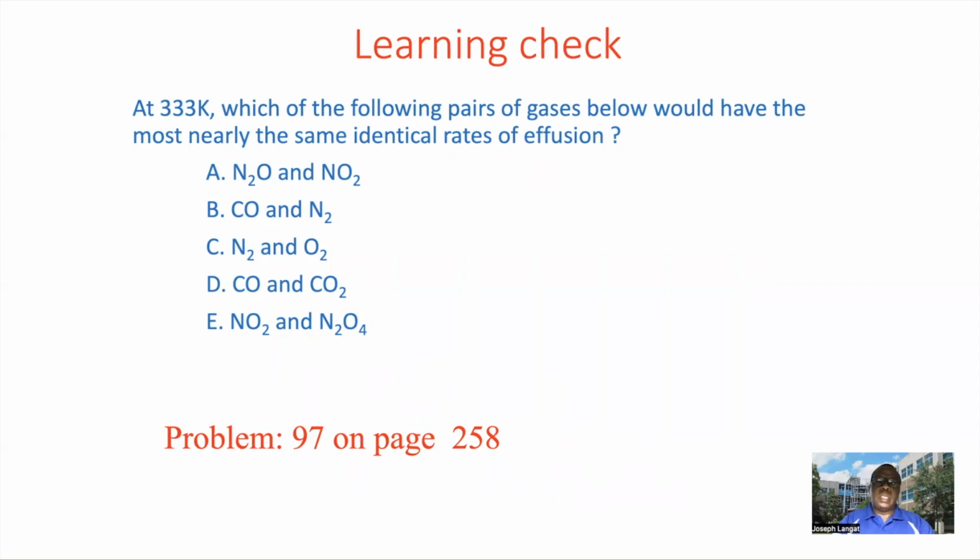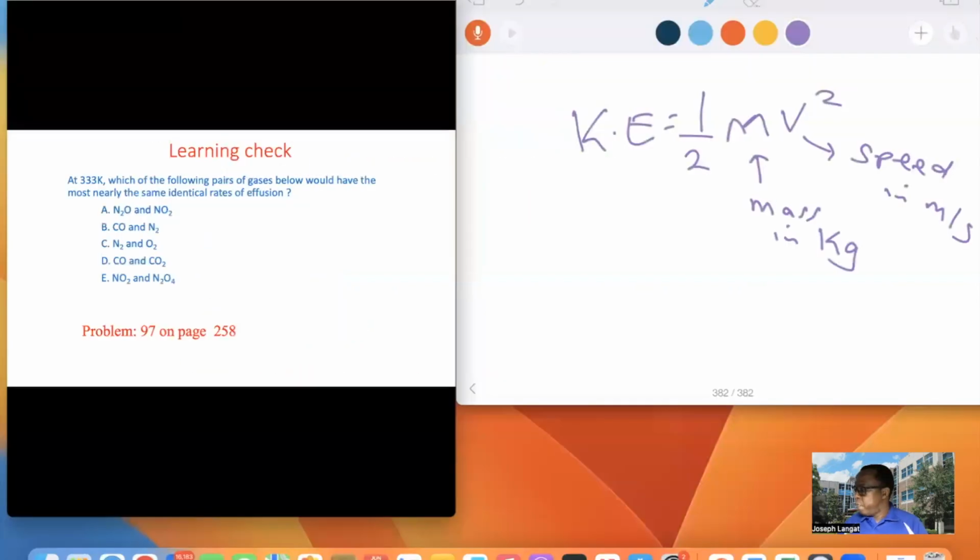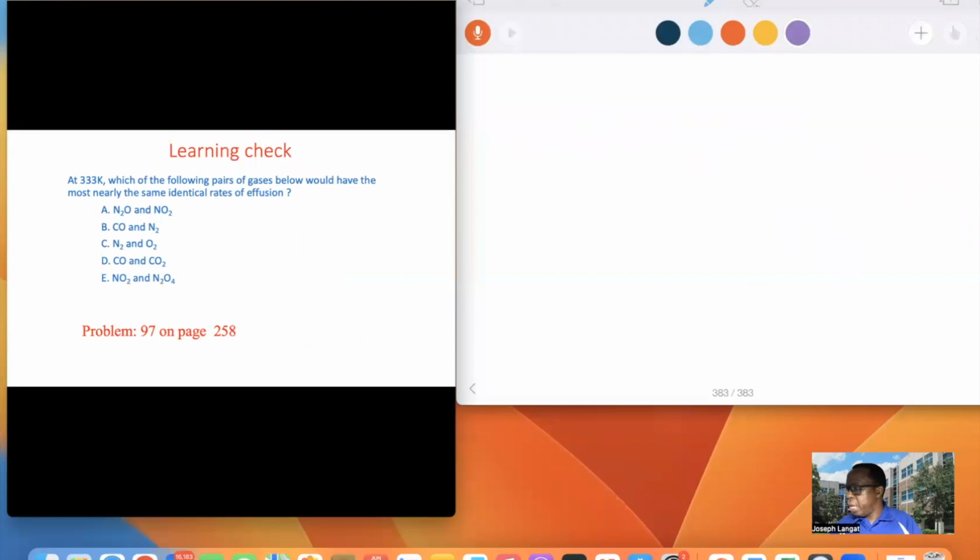But before that, to effuse is to move. So here we are looking at this problem in terms of velocity, and from the previous slide, speed versus molar mass. Therefore, in order to make a conclusion, you need to look at the molar mass of each of these gases.